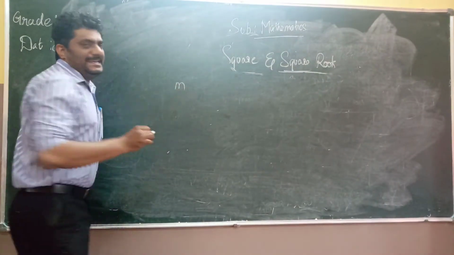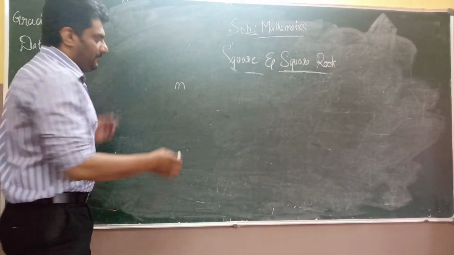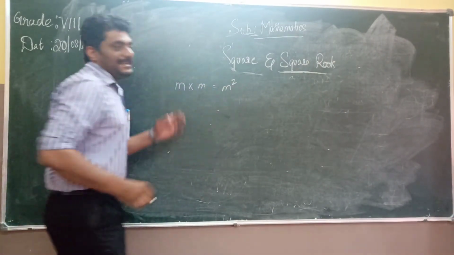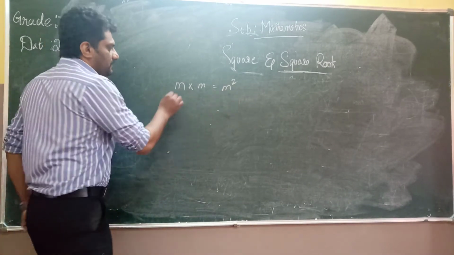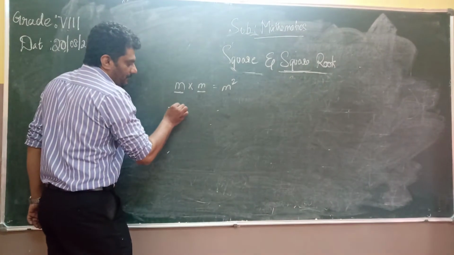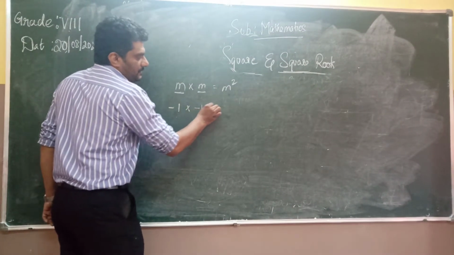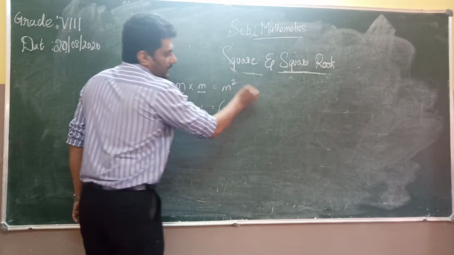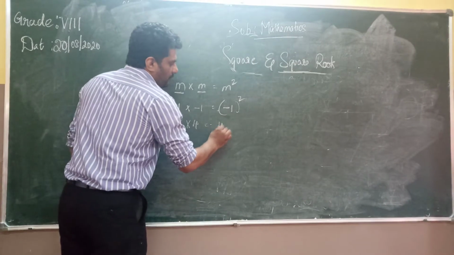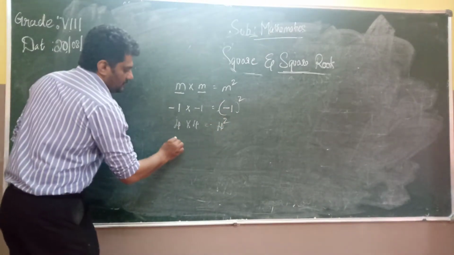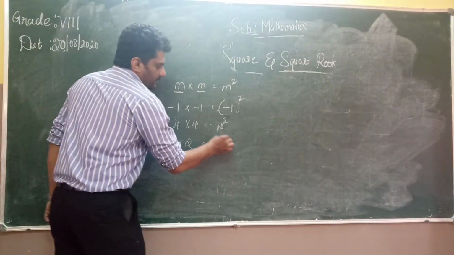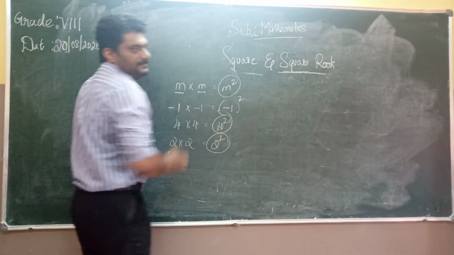When you multiply any integer by itself, you get that integer squared. If I take minus 1 into minus 1, it will become minus 1 square. If I take 4 into 4, it will become 4 square. If I take 2 into 2, it will become 2 square. These are the squares.